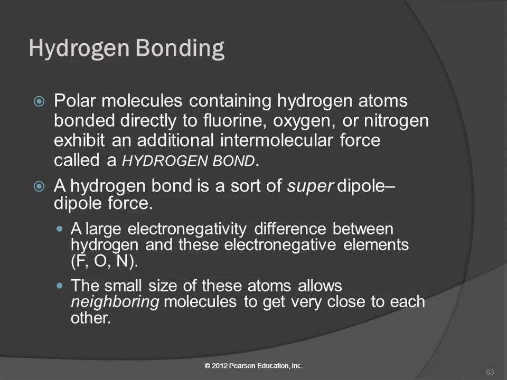In fact, it's so large that it's given a special name. It's called a hydrogen bond. It's sort of a super dipole-dipole force. And so we need to be able to recognize which molecules can have hydrogen bonding.